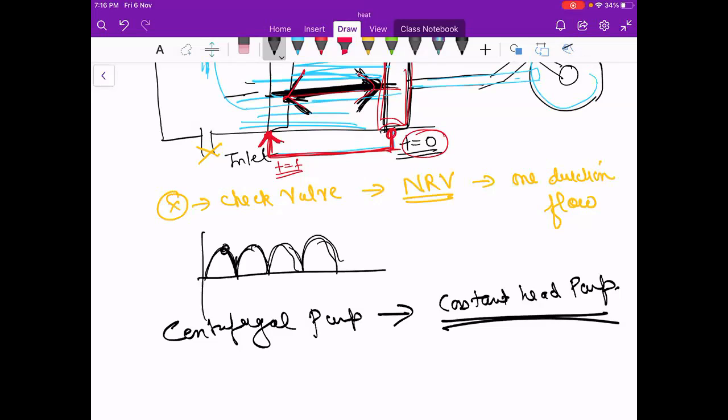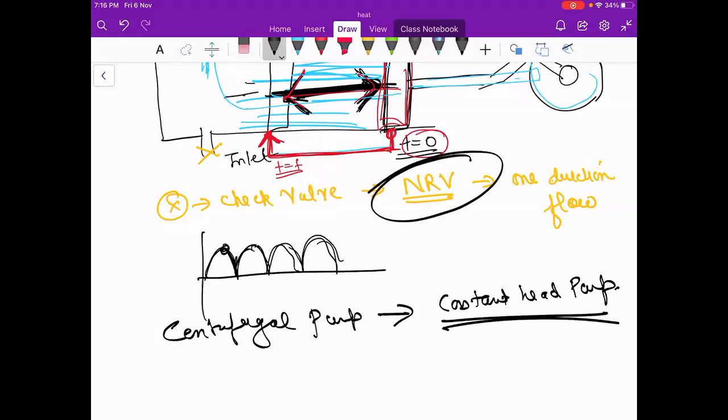I will explain what cavitation is. First, the advantage is that there is no cavitation. Basically it means there are fewer chances of formation of bubbles in the positive displacement pump.